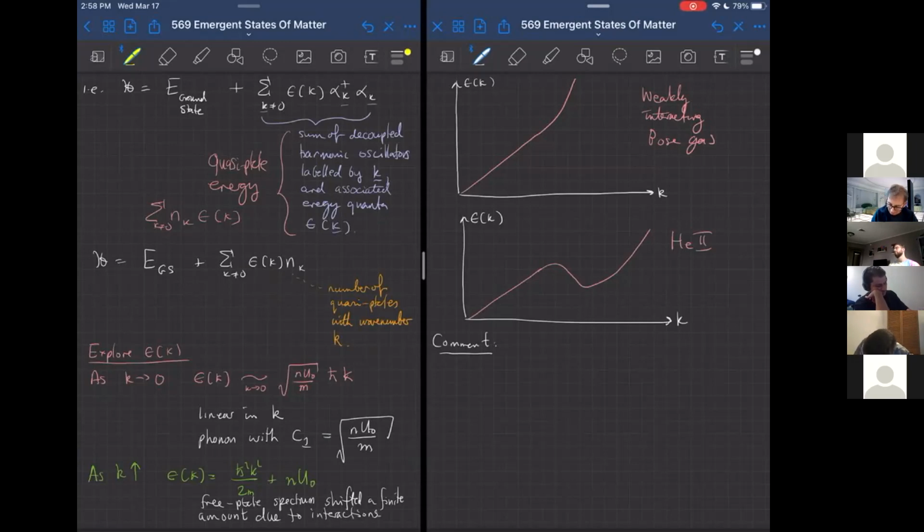So let me just write down these comments because I think they're important. The quasi-particles are combinations of all the atoms in the system.